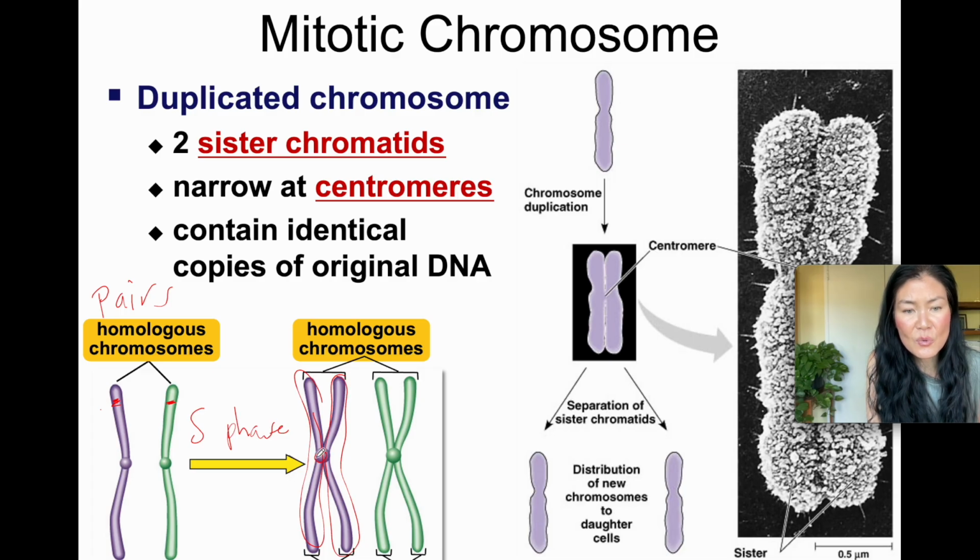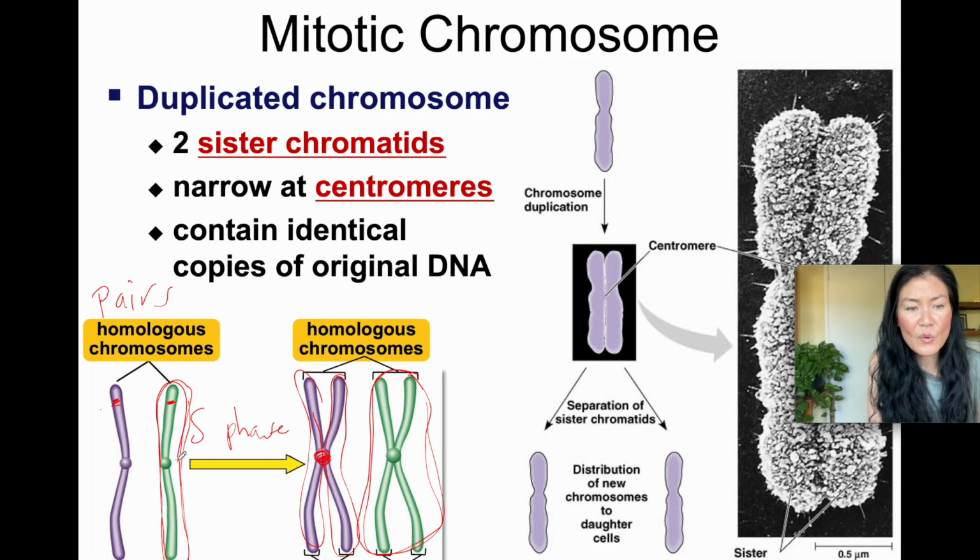They're joined right here in what we call the centromere. So this is a chromosome. This is also a chromosome. They look different because of the S phase, because DNA was copied. This is what we call a single-stranded chromosome, and this is what we call a double-stranded chromosome.